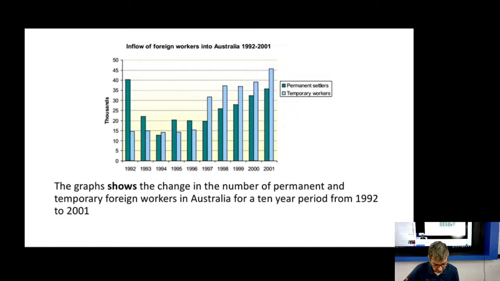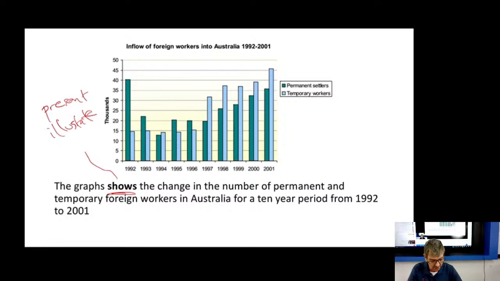Also remember, you can use different words for this. So we could use show, we could use present, we could use illustrate, and we could use indicate. These are all different ways of saying show. So it's important to know your synonyms, right? It makes it more interesting, there'll be less repeating, less repetitious.